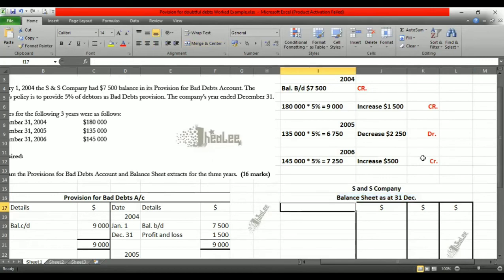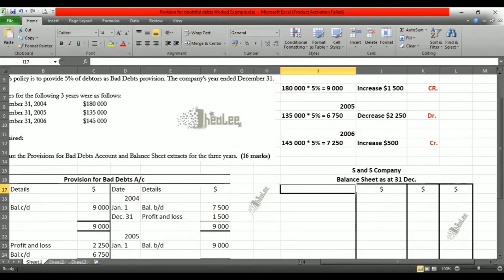Now, provision for bad debt is linked to your debtors, and because of that, you have to show that in your balance sheet. You're doing the extract. You're basically showing how you would treat this item in your balance sheet. So you enter the category, which is current assets.